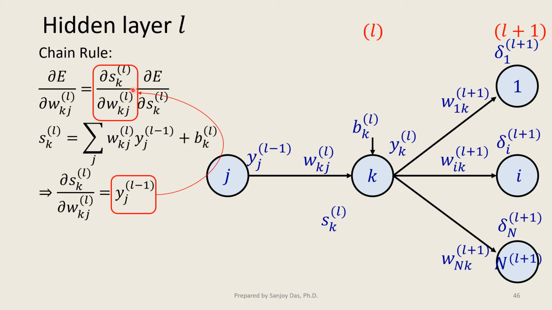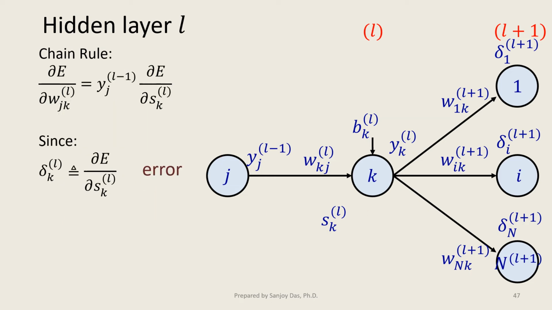Therefore, we can replace this partial s over partial w_kj with y_j, giving rise to this expression here: partial E over partial w_kj equals y_j of layer L minus 1, which belongs to the previous layer, times the derivative of the loss with respect to s_k of this layer L.